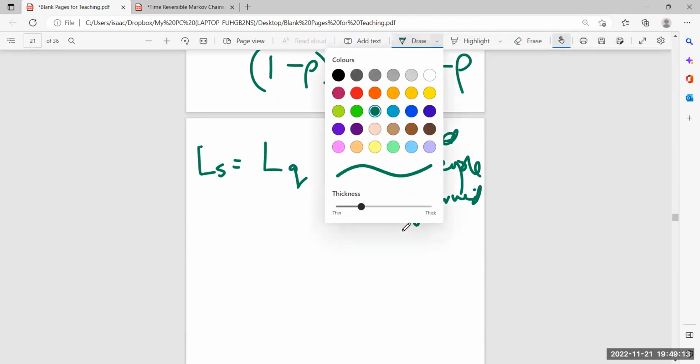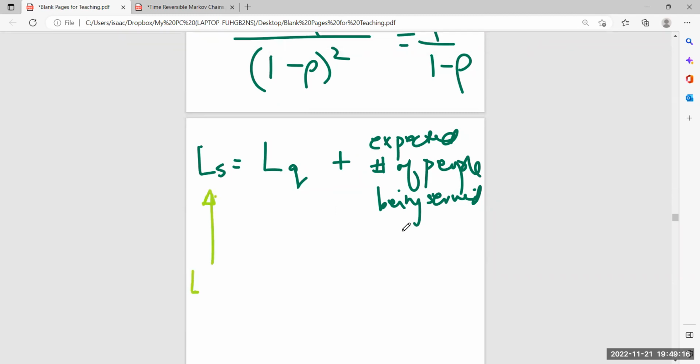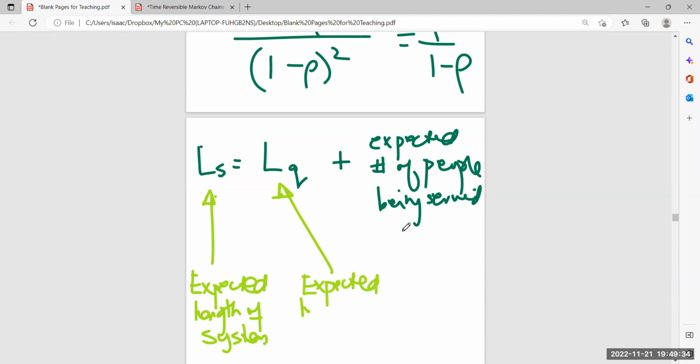So LS is the expected length of the system, and LQ is the expected length of the queue. Now, remember the difference between the system and the queue. When we talk about the expected length of the system, we are including the person being served.